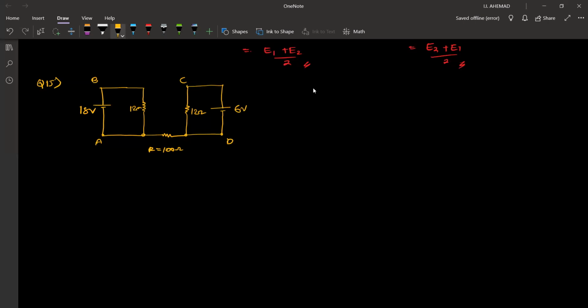Okay, now first tell me, will there be any current through this resistor? Will there be any current through this resistor?